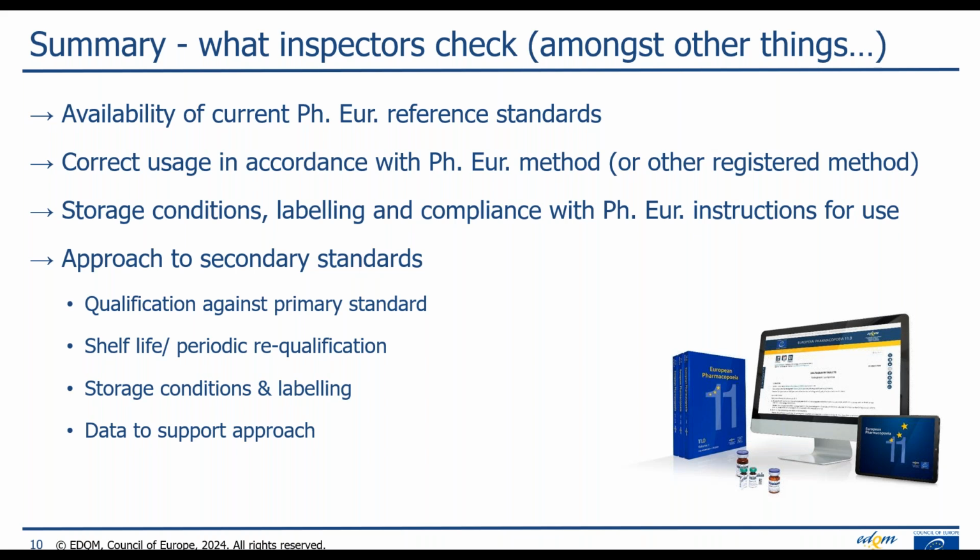If the storage conditions, labeling and compliance with the instructions for use are okay, and then we would also look at the approach to secondary standards if the company is qualifying those. So again, we would check the qualification against the primary standard, the shelf life, storage conditions, labeling, and the all-important data to support the approach being used.